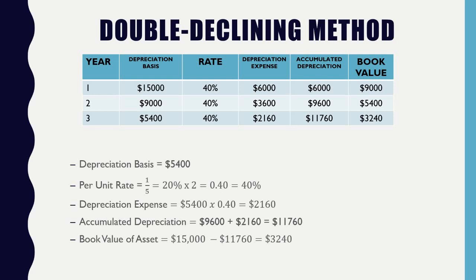Because the book value cannot fall below salvage value, what is my salvage value right now? Do you guys remember? 2,500. So right now we're at 3,240. We're getting very, very close to the salvage value. So what happened in year 4?